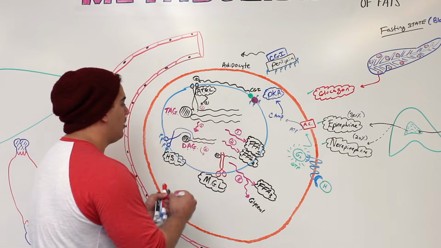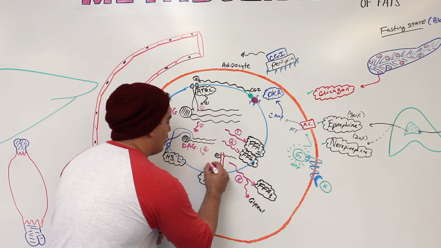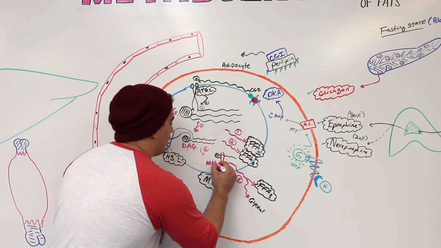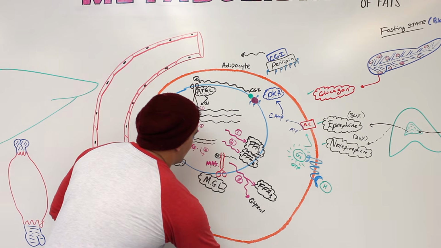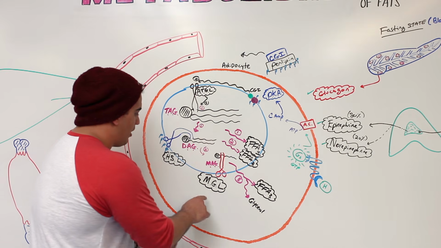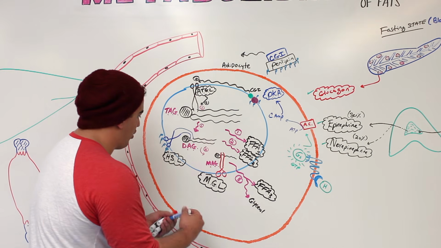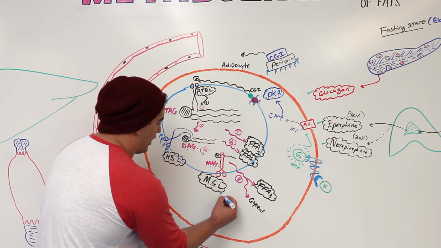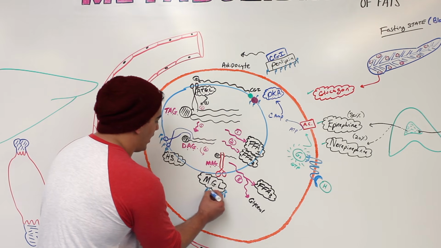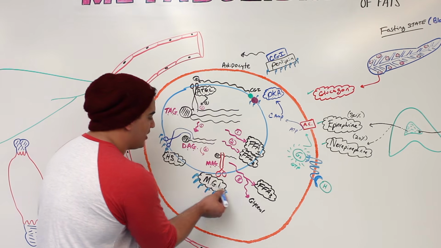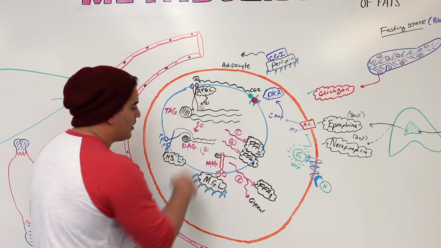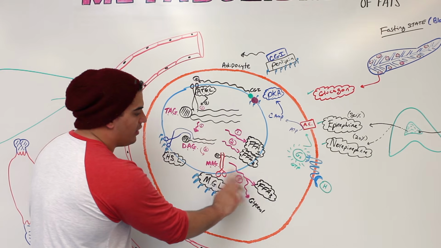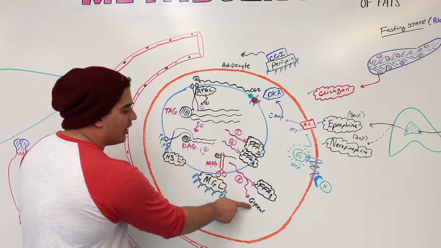This one is called a monoacylglycerol, or monoglyceride. And what happens here? This monoglyceride lipase, we should show that he's also getting phosphorylated. And when he gets phosphorylated, he becomes stimulated. And when he is stimulated, he breaks the monoacylglycerol at the ester bond and releases two things: the third free fatty acid and a glycerol.